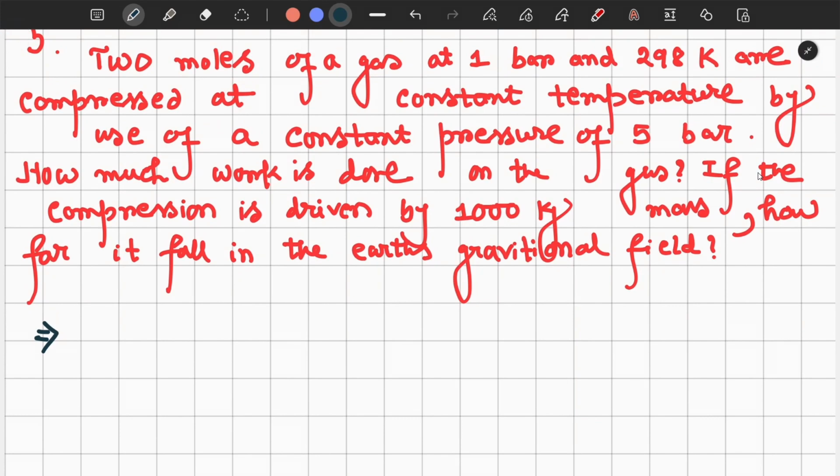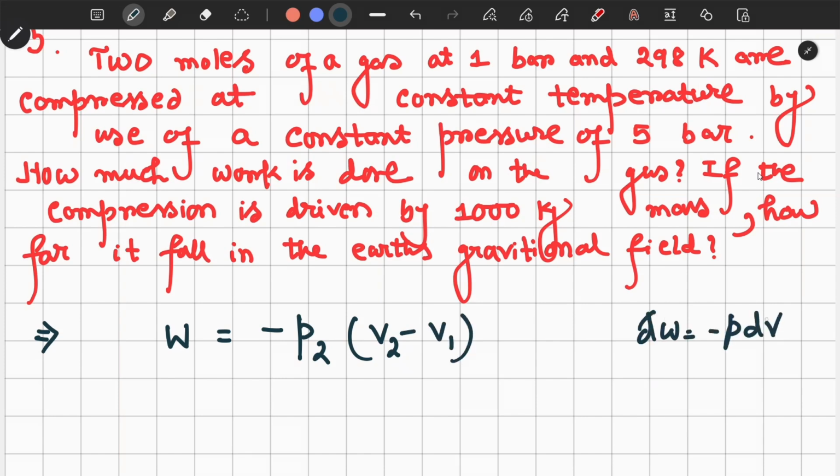Yes. So what will be the work done? You know work done is minus P external into V2 minus V1. Minus PdV, because we know dW equals minus PdV and you have to just integrate it, correct? So it will be work done, and because it's an irreversible process, that's why it will be V2 minus V1.